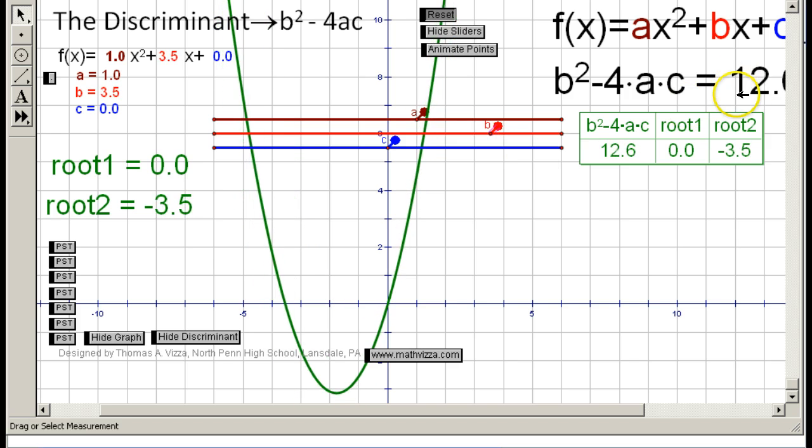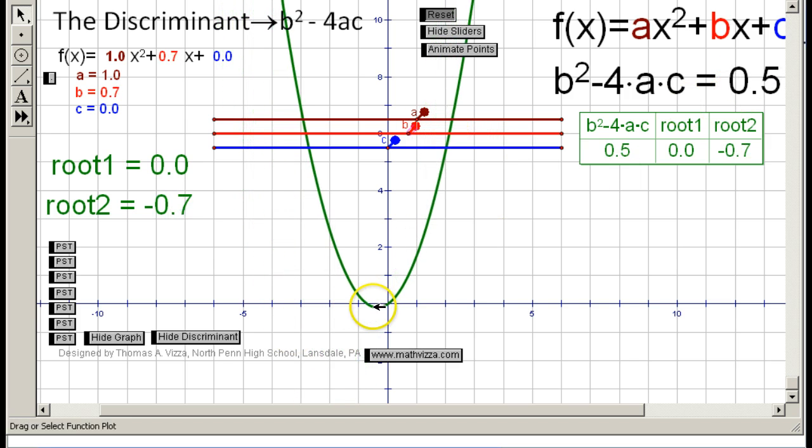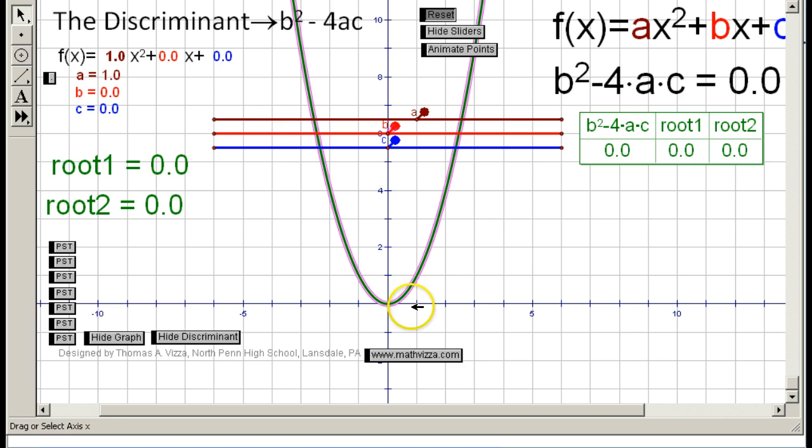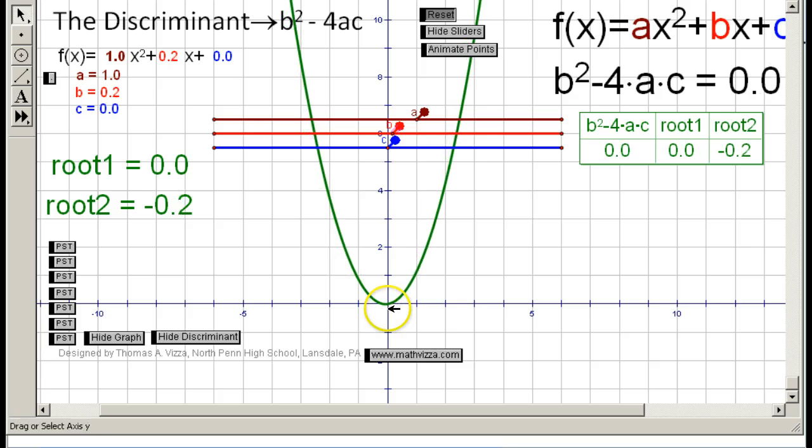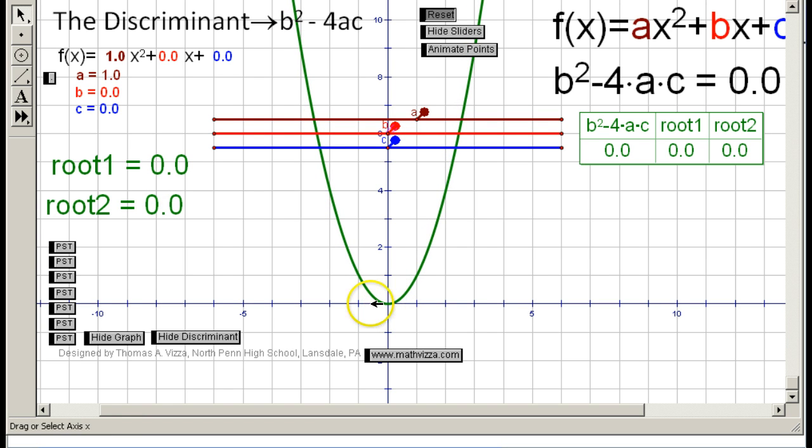When this number is positive, there's two x-intercepts. As soon as I get to one x-intercept, it goes back to 0. So this number inside the radical tells you how many solutions. If I know it's positive, then I know there's two solutions. If I know it's 0, there's one answer, which is also the x-intercept.